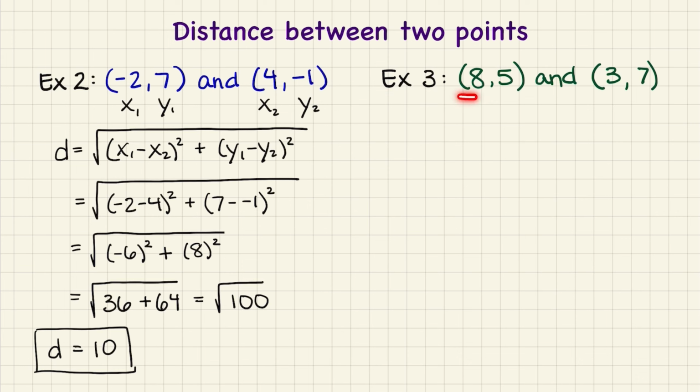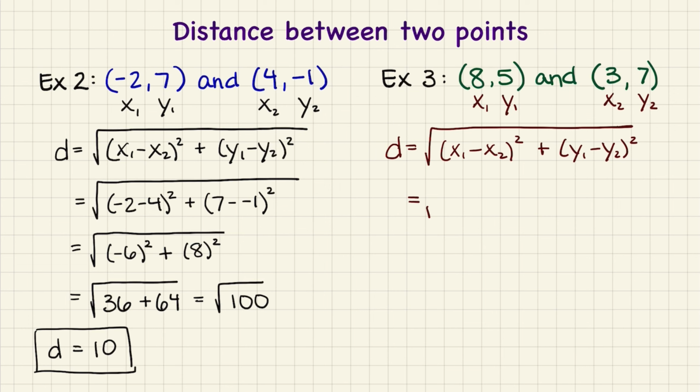So again, we're given 2 points, 8, 5 and 3, 7. And we need to find the distance. So we're going to use the distance formula again. Let's label our points x1, y1, and x2, y2. And then we will plug it into our formula.